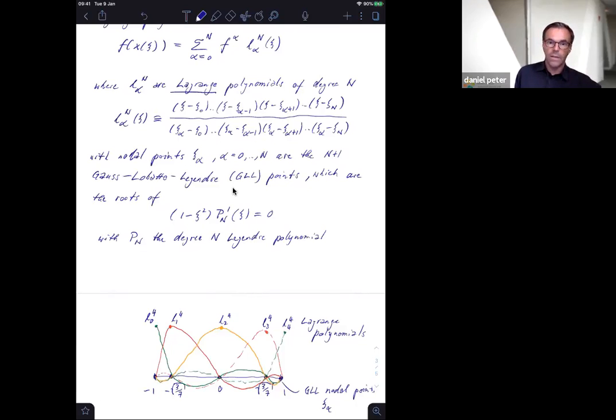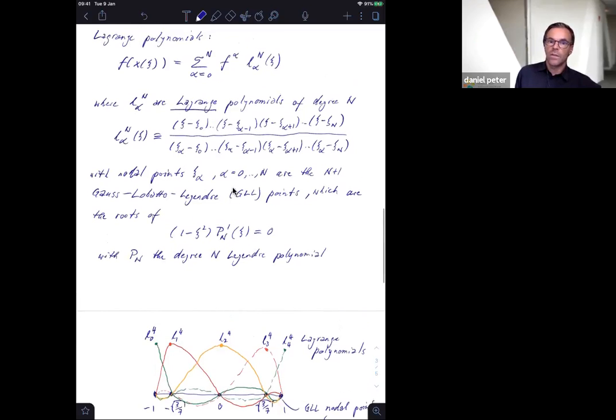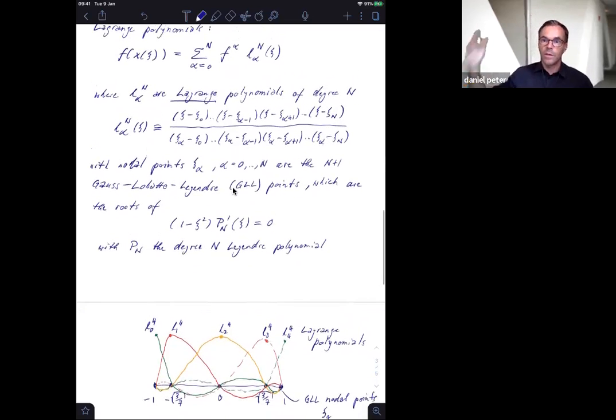And so the SEM method, the spectral-element method, uses a high order polynomial for this function expansion. So let's say a degree 4 or higher for these expansions. Typically it's a degree 4 expansion. But obviously you can go as high as you want.